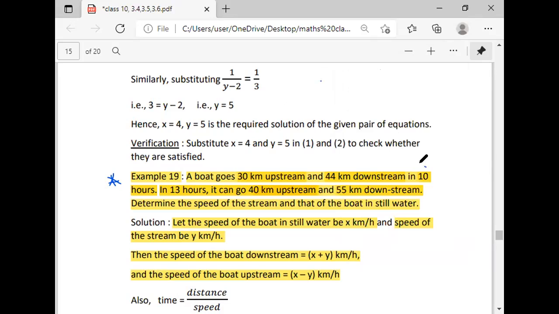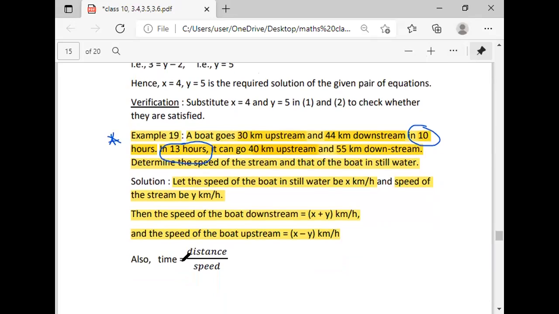You are given information in 10 hours and in 13 hours, which means you have to write the given information in terms of time. So that's why we are writing time is equal to distance by speed.